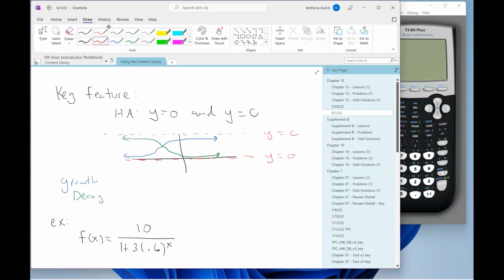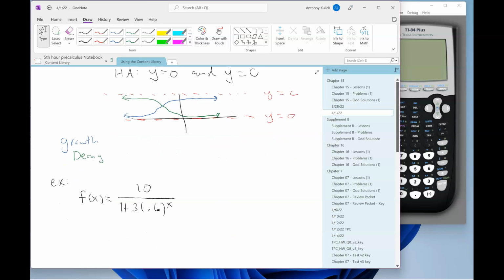Okay, so let's look at a specific one of these logistic functions, and talk about some of the information we can say about it. First things first. This is a logistic function, correct? We can see that because we have that exponential part in the denominator. It fits the form. Is this logistic growth or decay?